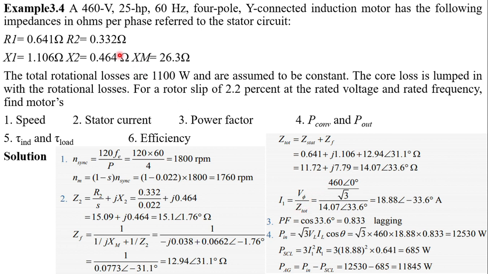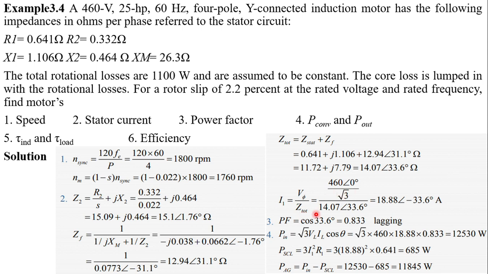which means line voltage is 460. To change it into phase voltage, it is divided by square root of 3, since the motor is connected in star. If connected in delta, the phase voltage is equal to line voltage, but for star connection, we have to divide by the square root of 3 to get phase voltage.